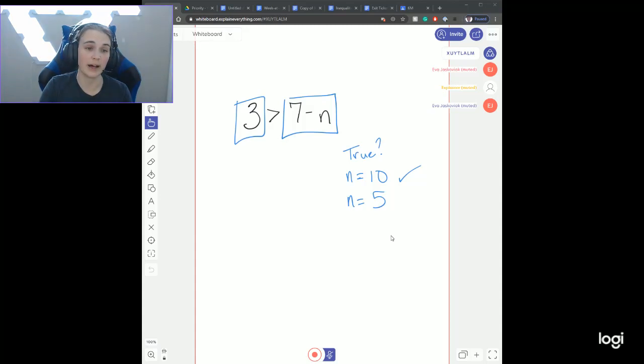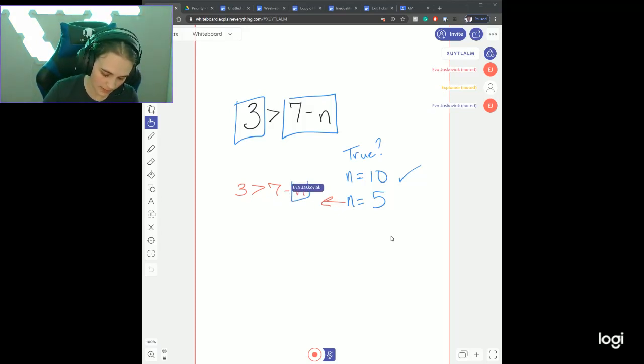What about 5 though? If n was equal to 5, well, if you're not sure, what you do is you take this number and you plug it into the inequality. 3 is greater than 7 minus n, but now we're saying that n is equal to 5. So we take this n here and we replace it. 3 is greater than 7 minus 5. And then you keep going, just like you normally would.